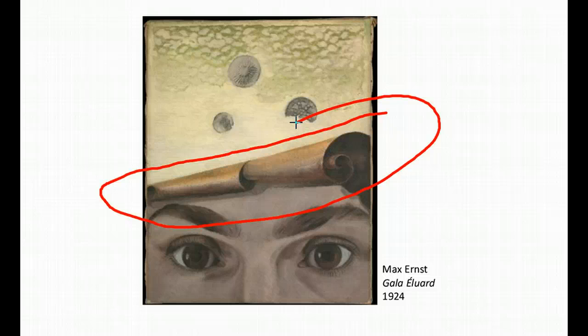And so quite honestly, what Max is doing here is he is pulling back the veneer of everyday life and giving us an internal perspective of what it is like to be alive in 1924.